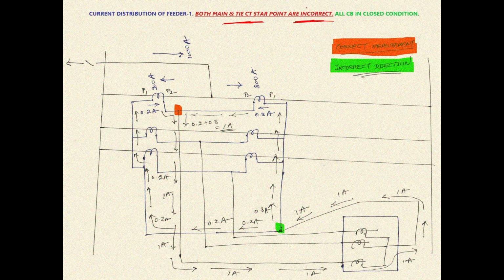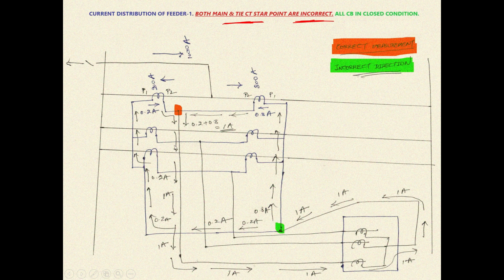What is the meaning of that? It means the star point of CT1 is not formed on the P2 side, but instead it is formed on the P1 side. Similarly, for CT2A, the star point is formed on the P1 side.